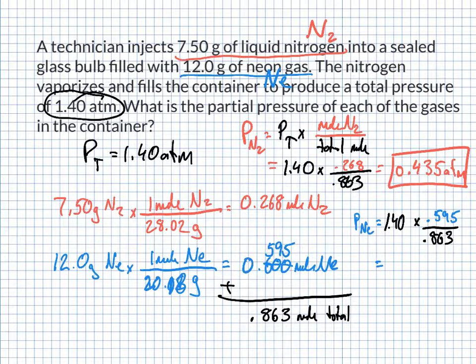Do that in the calculator. 1.40 times 0.595 divided by 0.863, and that should give me 3 sig figs 0.965 atmospheres. Now, just to double check yourself, while you're still getting used to these problems, I suggest you add these things back together and make sure they equal the total. And sure enough, 0.435 plus 0.965 does equal 1.4.